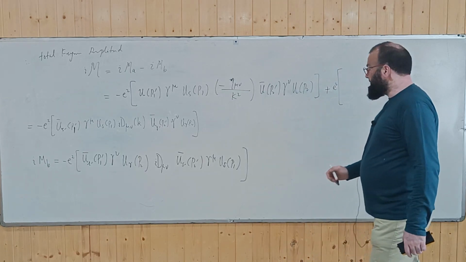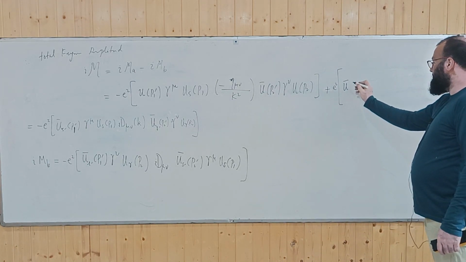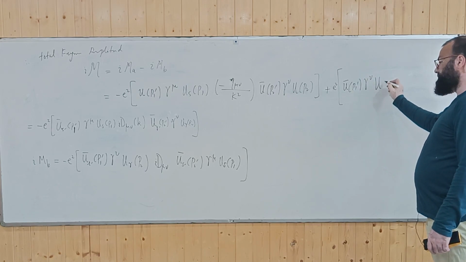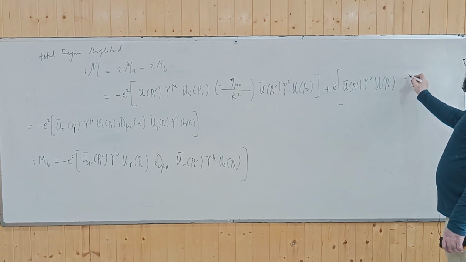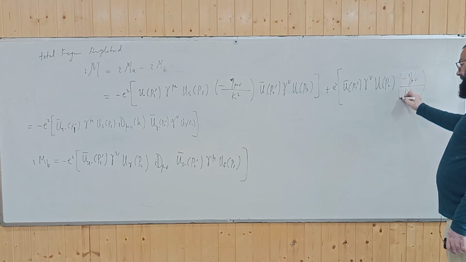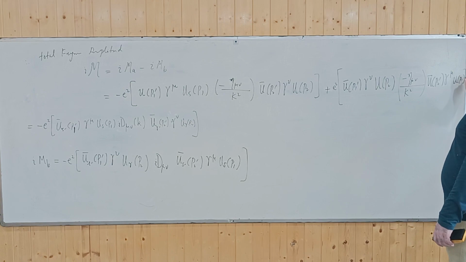Got it? So what you are having now: u bar p1 prime gamma nu u p2. What is i d? It will be minus eta mu nu divided by k square. Then you are having u bar p2 prime gamma mu u p1.